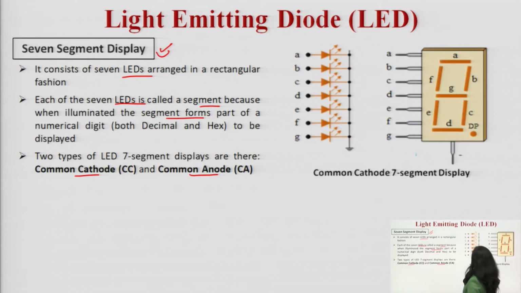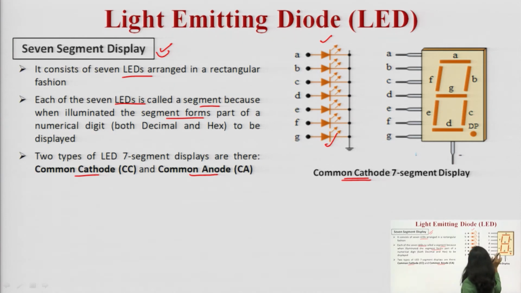In this particular diagram, I have shown the common cathode 7 segment display. Common cathode means for all the LEDs 1 to 7, the cathodes have been made common, and this is one structure for the 7 segment. You can count A, B, C, D, E, F, G. The 7 segments have been mentioned over here.